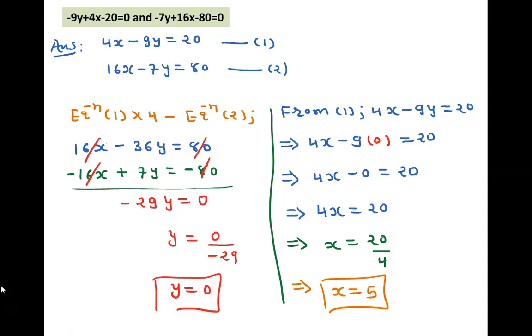I have a question. Yes. Madam, it means that if it is 4x minus 9y is equal to 20, you multiply the y with 4, and then after multiplying you change the sign, right?